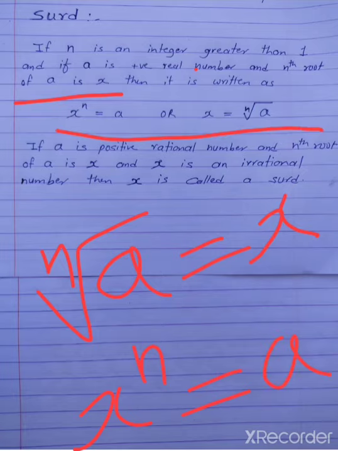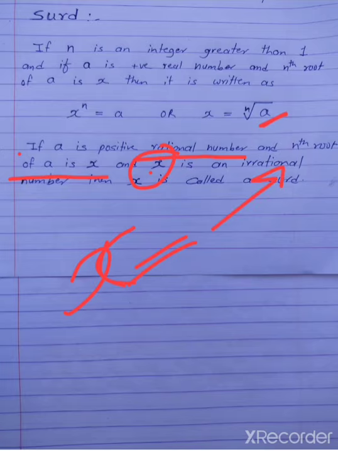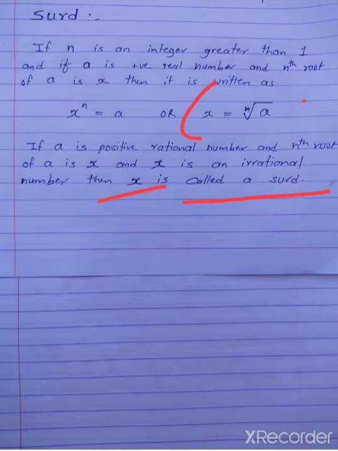And if a is a positive rational number and its nth root is x, and if this value of x is an irrational number, then this x is called a surd.